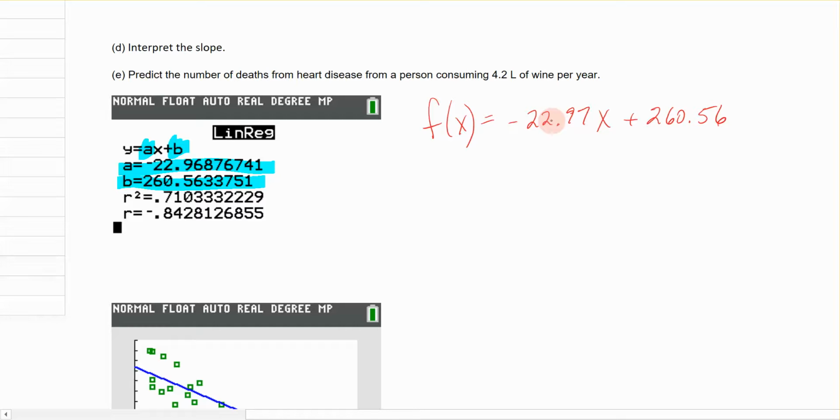Instead, when we interpret the slope, we want to put it back in terms of what we were talking about. So remember that slope is about the y's over the x's. And in this case, my y values represented deaths from heart disease, and the x values represented the amount of wine we consumed per liter, or in liters.